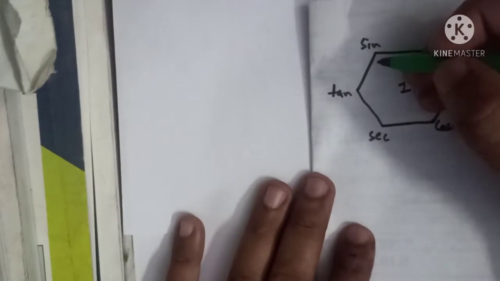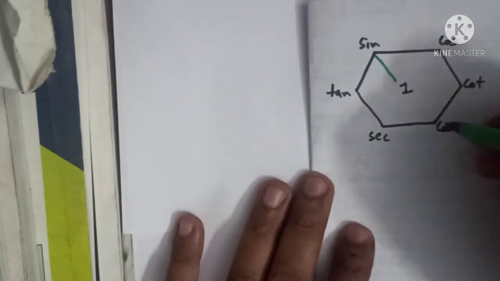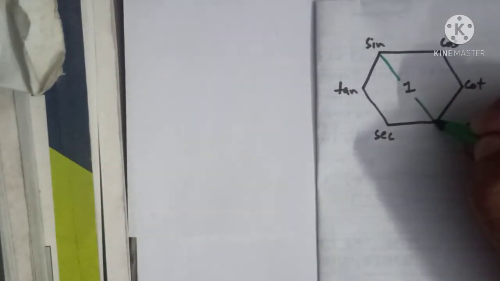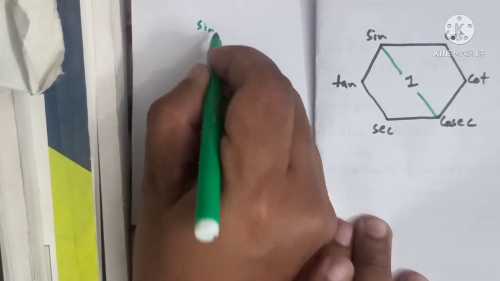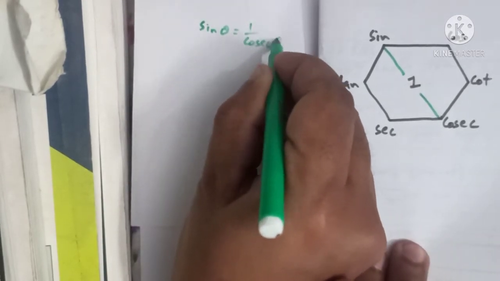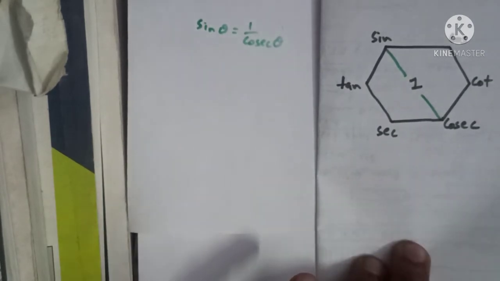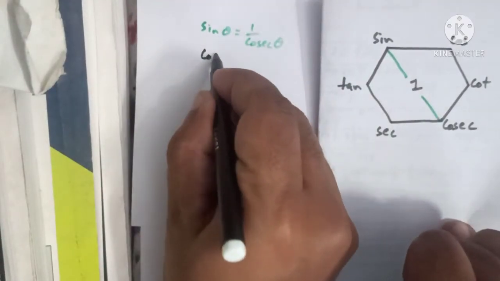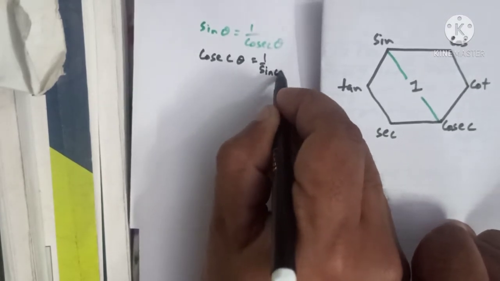Now sin theta is equal to 1 upon cosec theta. This is one more property. Similarly, cosec theta can also be written as 1 upon sin theta.